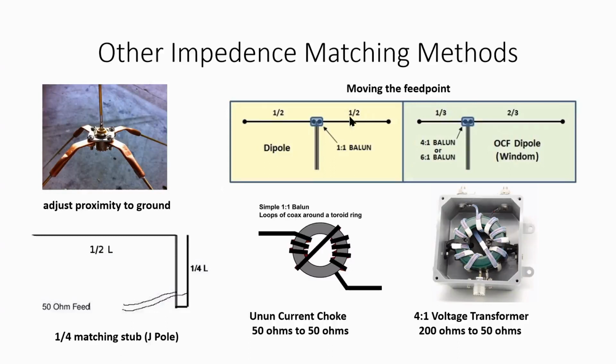That extra current can get back down into your radio, and you can get RF into the radio. So this choke will block that. It's not really a matching device. It's a kind of a resistor for that returning energy on the outside of the coax.